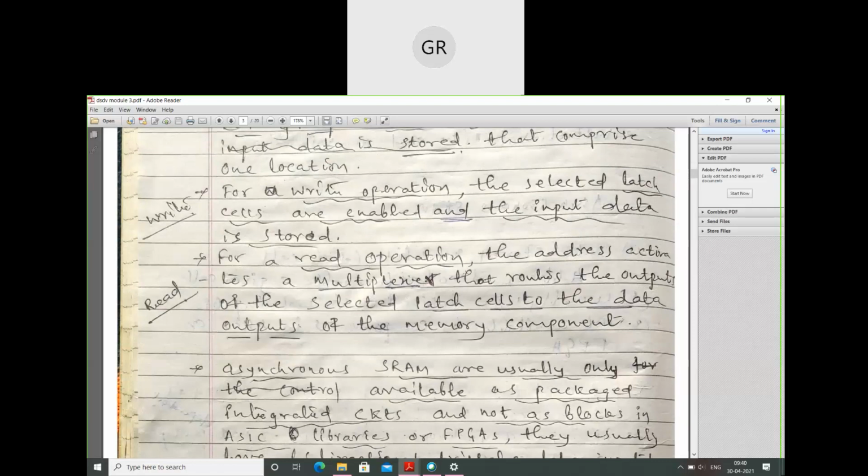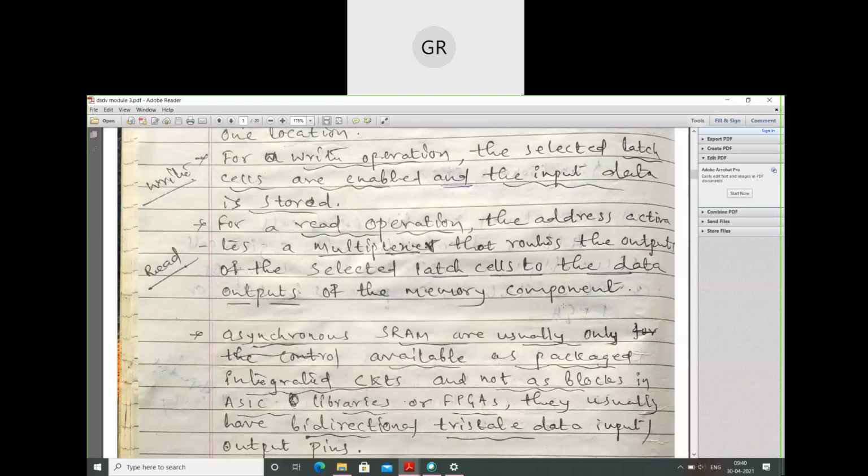Here we have the memory, and within that we have the latch cells. We can select the memory locations from which we can read the data. That is done by the multiplexer that routes the output of the selected latch cells to the data outputs of the memory component.